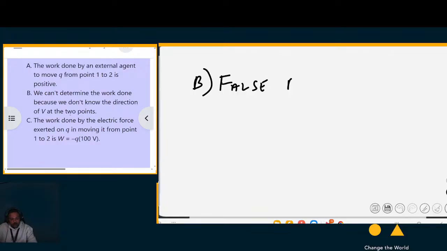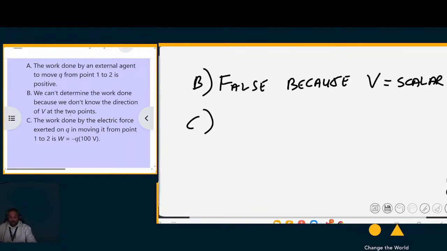False because V is a scalar, not a vector. So we don't need the direction. Let's look at C. Is C true or false?